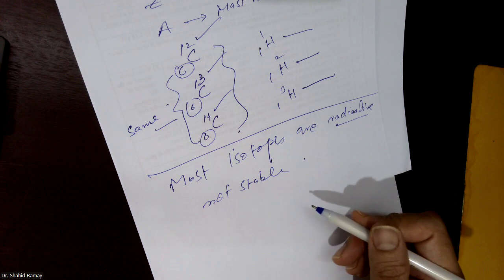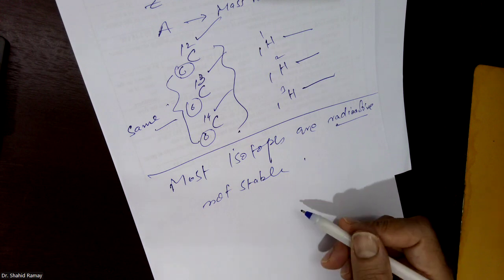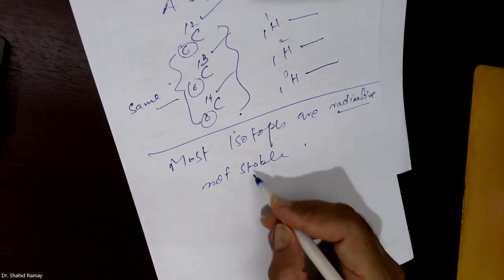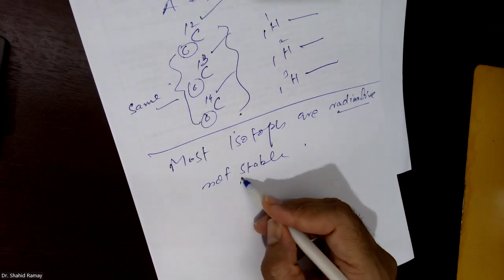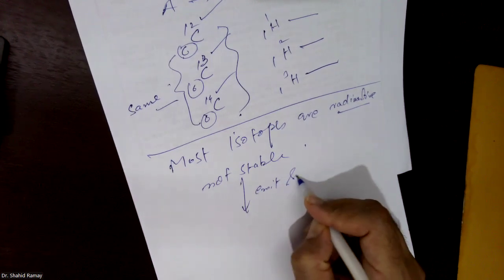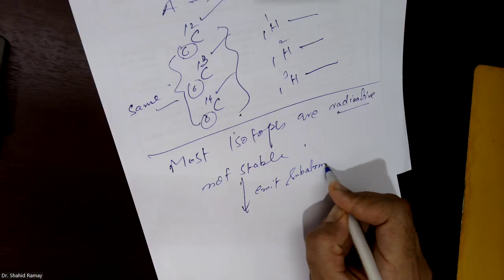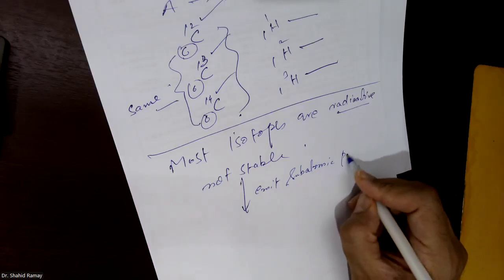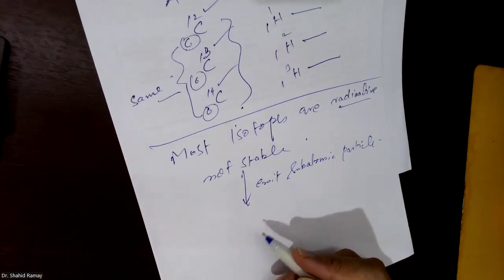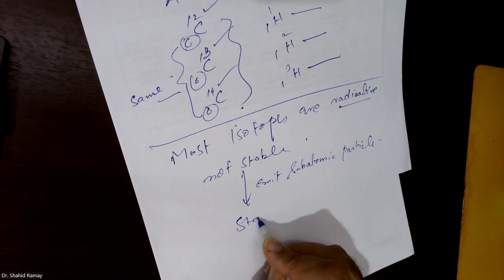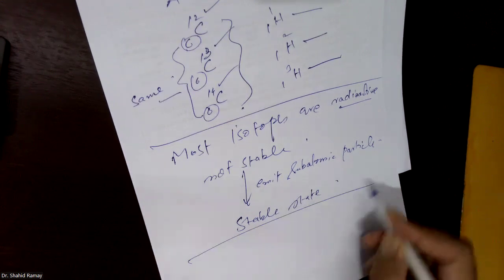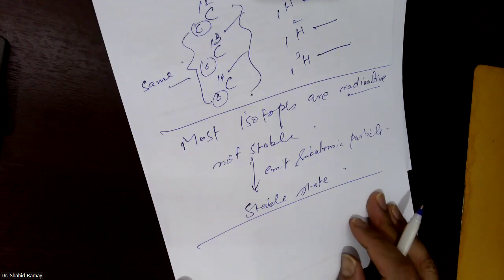So when they emit subatomic particles, they will reach a stable state. So any element that is not stable emits subatomic particles, and after that it will reach stable and we call it the stable state. So these are the isotopes.